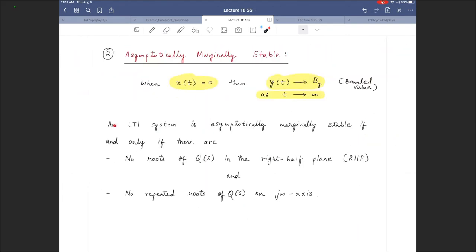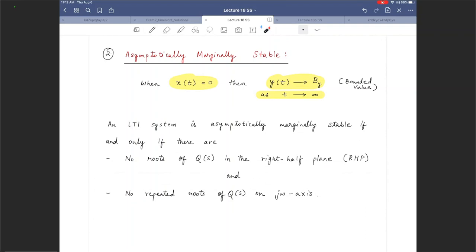So an LTI system is asymptotically marginally stable if and only if there are no roots of q of s in the right half plane, no poles in the right half plane. That's one condition. And there should be no repeated roots on the j omega axis. So you cannot have repeated roots on the j omega axis, and you cannot have any poles on the right half plane.